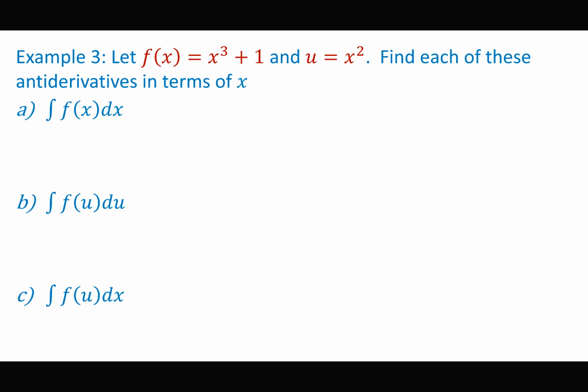We want to find each of these antiderivatives in terms of x. So my final answer will have x and then some plus c on the end of it. So the first one says the integral of f of x, so it's the integral of x cubed plus 1 dx.